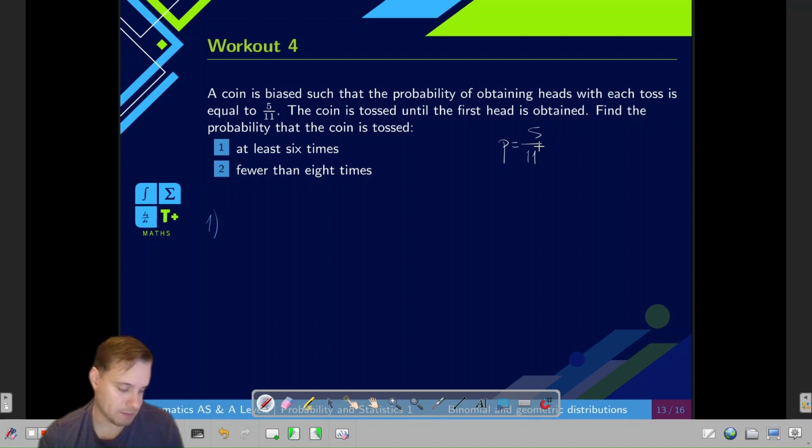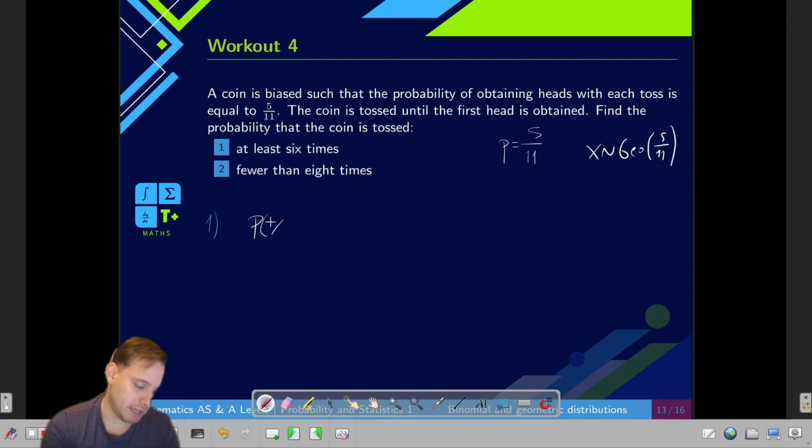So my random variable x is going to be distributed geometrically with parameter 5 out of 11. And for the first one I want to find the probability that x is greater or equal than 6.